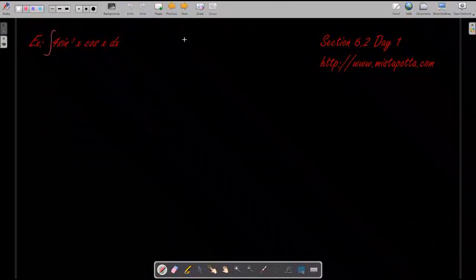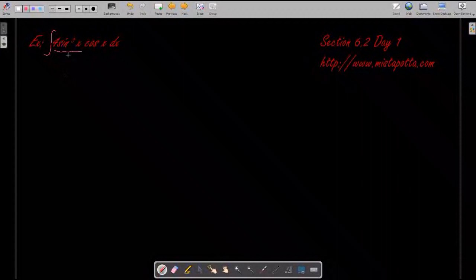So here's my first of 4 examples. I've got 4 sine cubed x times cosine x dx. And if I'm looking for the most complicated part of this function, I'm looking at this 4 sine cubed x.